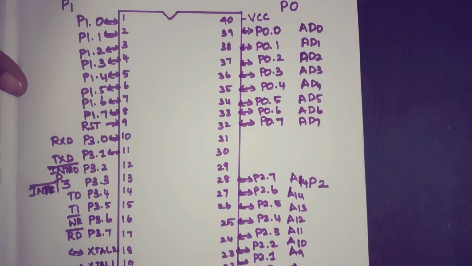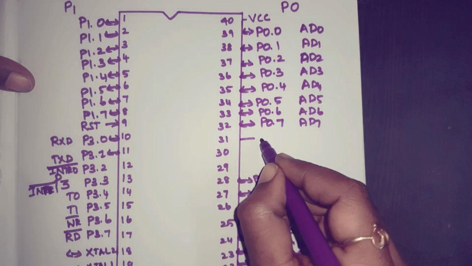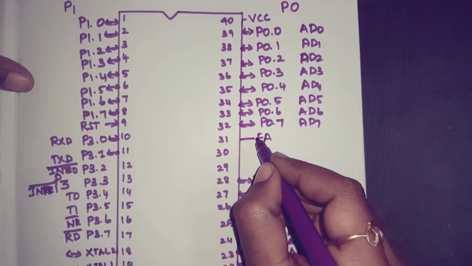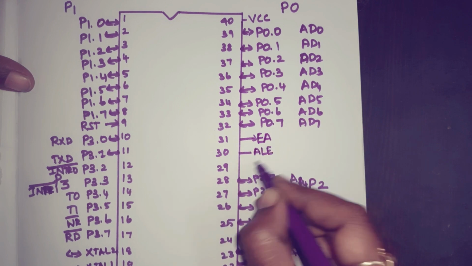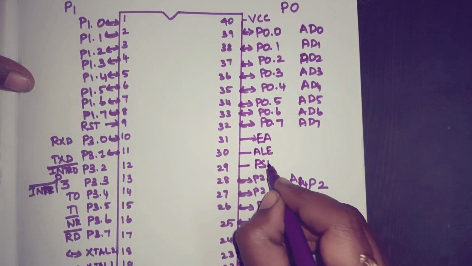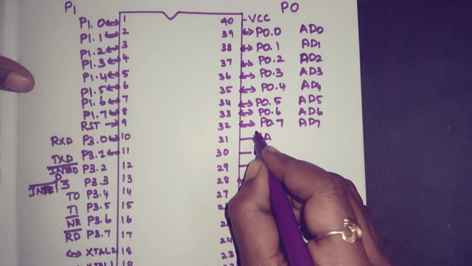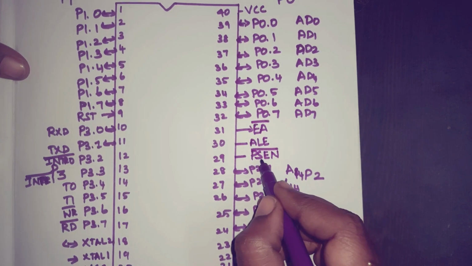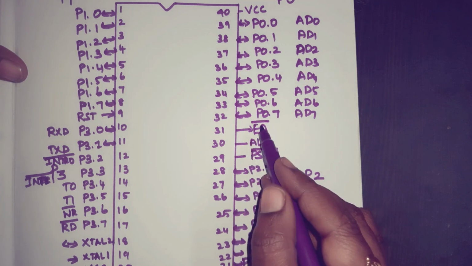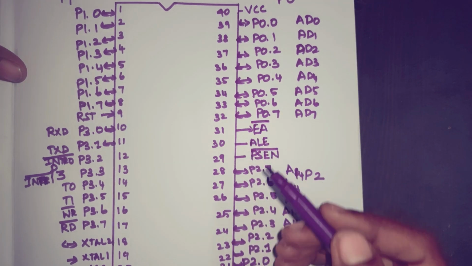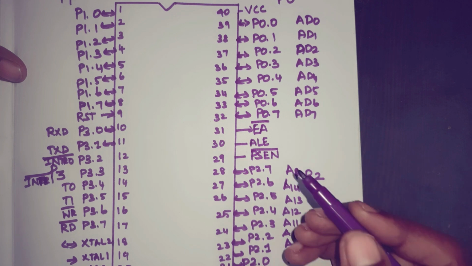The remaining 3 pins are EA, then ALE, and the last one is program store enable. The EA pin and the program store enable pin are active low pins. EA indicates whether the program is in external memory or internal memory.